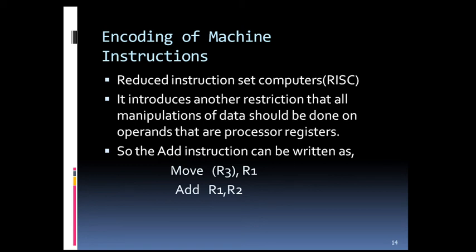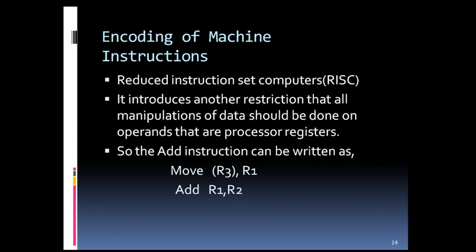The restriction that an instruction must occupy only one word has led to a style of computers known as reduced instruction set computers, RISC. The RISC approach introduced other restrictions also: all manipulations of data must be done on operands that are already in the processor registers.